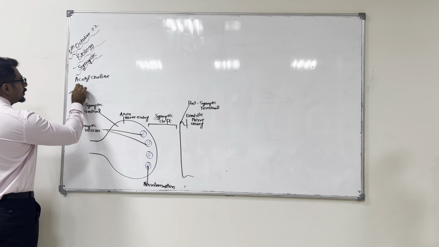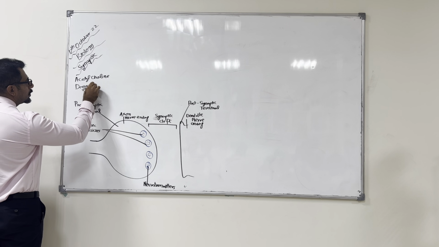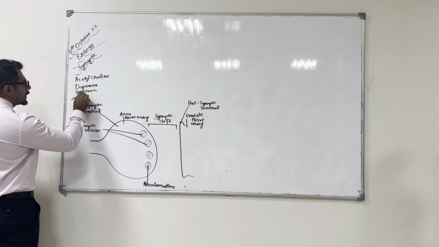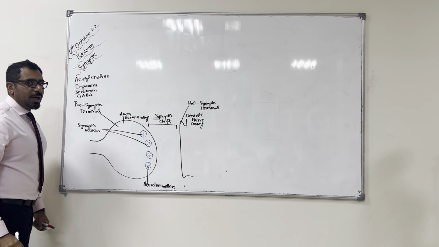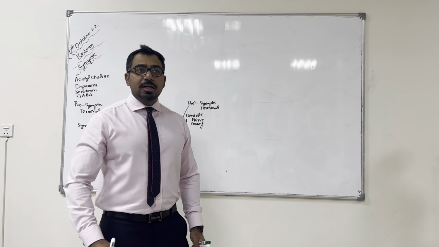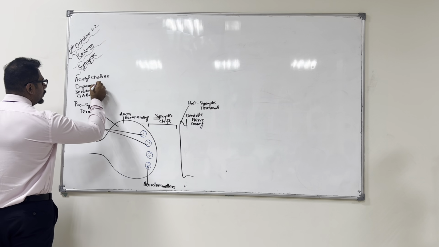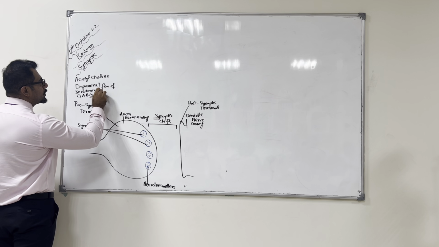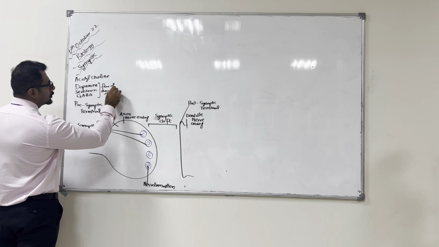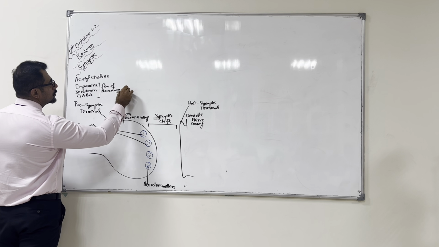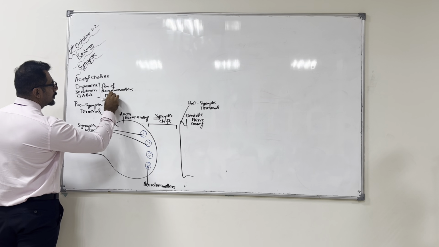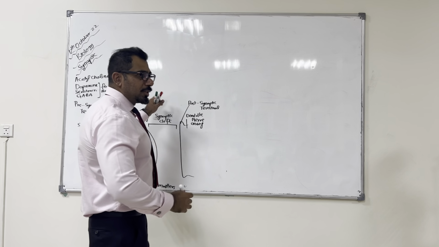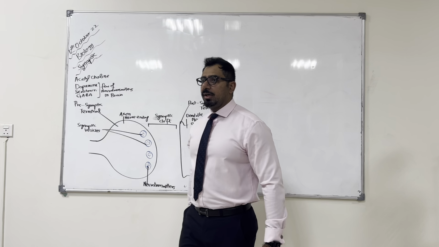There is dopamine, there is serotonin, there is GABA, gamma aminobutyric acid, right? Now these are a few of these neurotransmitters of the brain. We will talk about them later. First, let's come back over here.